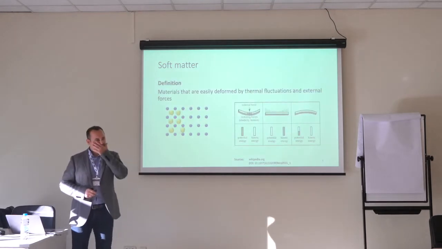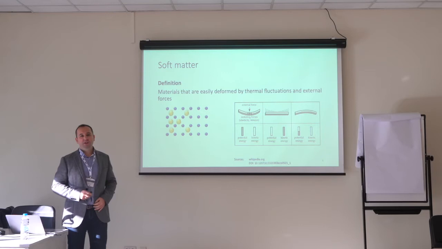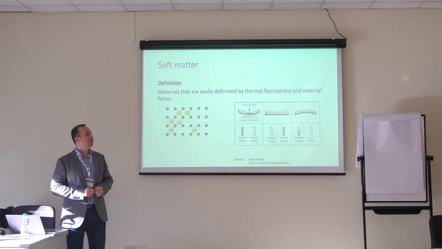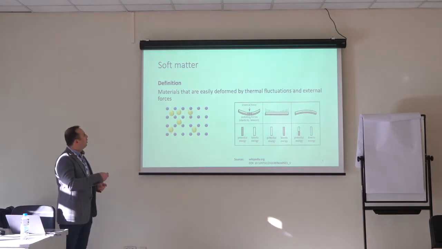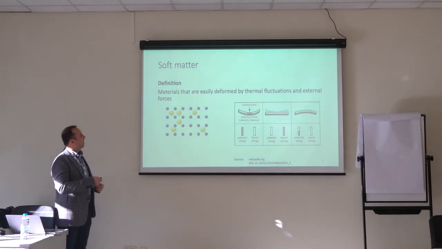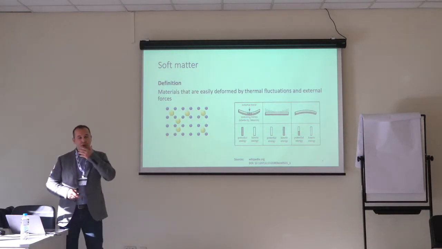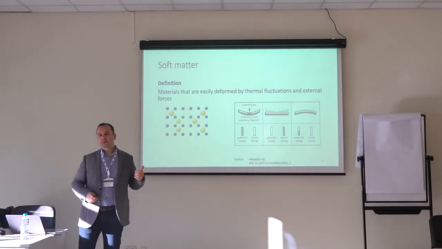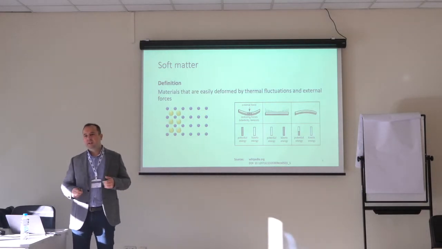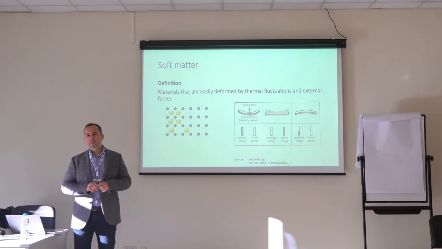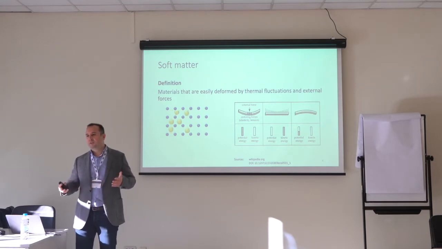The definition that you might encounter in physics lectures and physics books is that soft matter is a type of material that is easily deformed by thermal fluctuations and external forces. What differentiates soft matter from the rest of the materials is the extent of the deformation that results from thermal fluctuations.